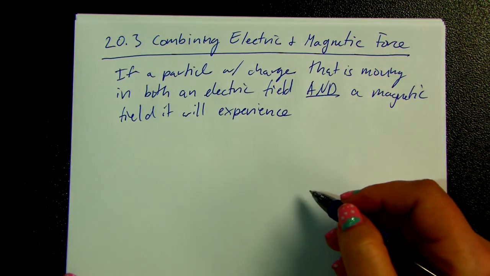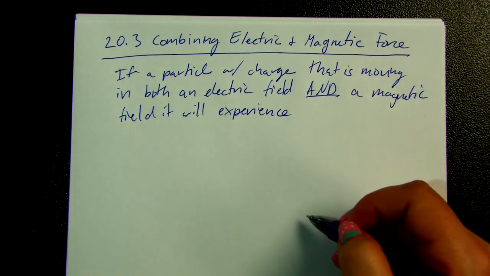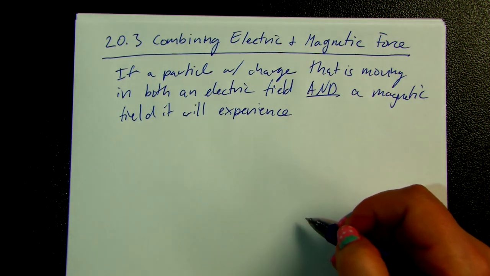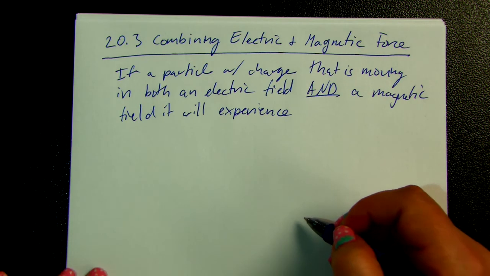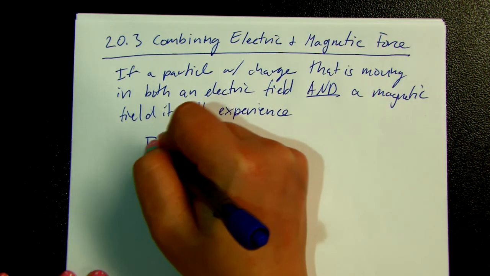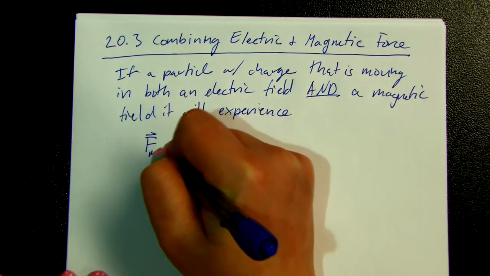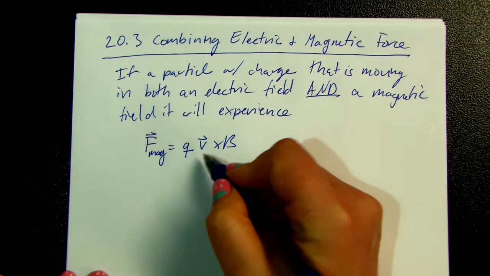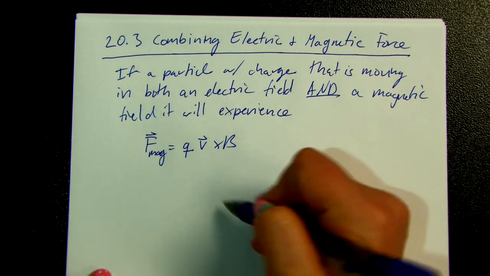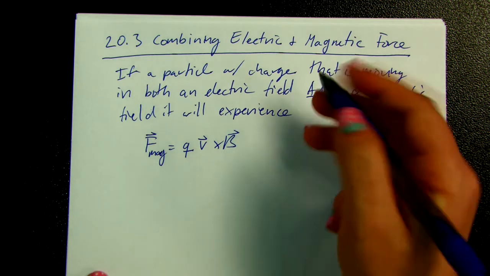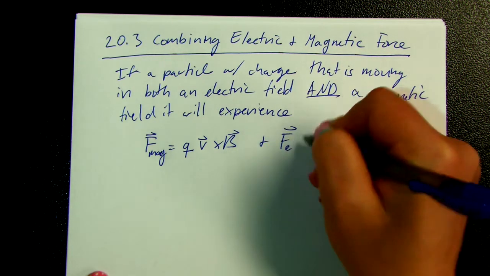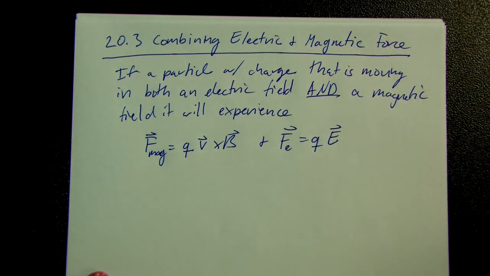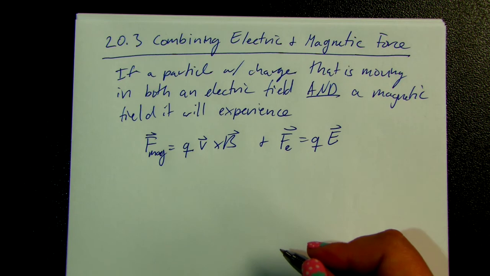So remember, we have a moving particle and a magnetic field, so you've got a magnetic force. You have a charged particle, so it always experiences a force from any electric field. So you're going to get the magnetic force, Q V cross B, corresponding to the particle's velocity crossed with the magnetic field, and you're going to get the electric force, which is equal to Q times the electric field vector.